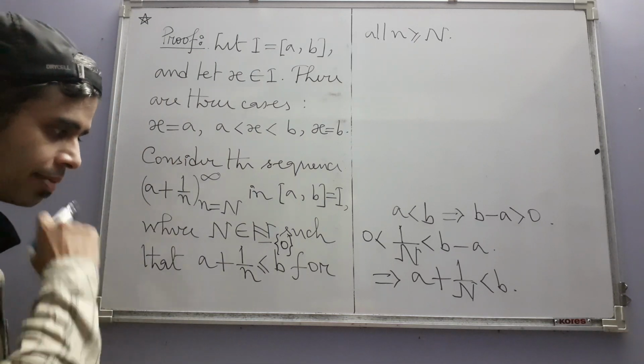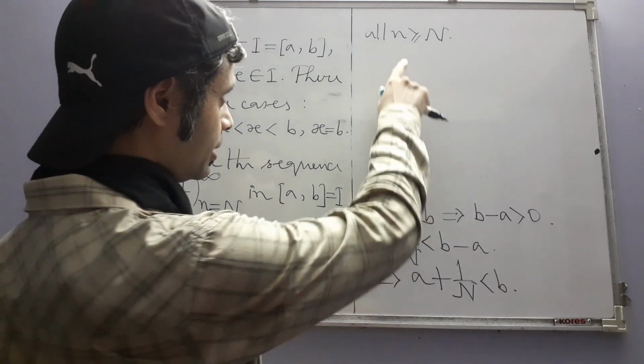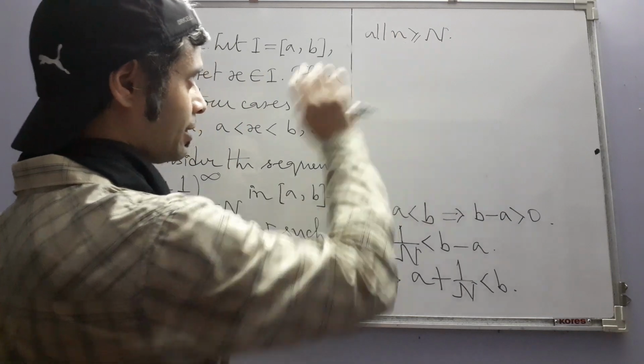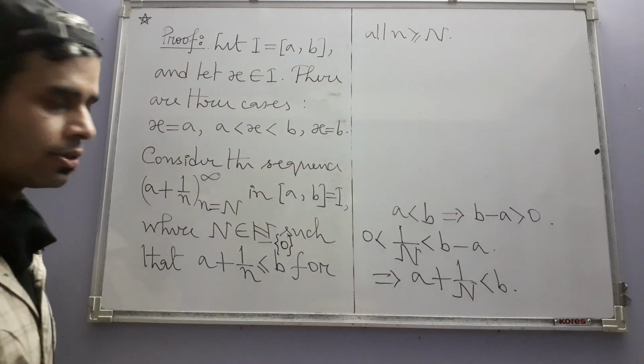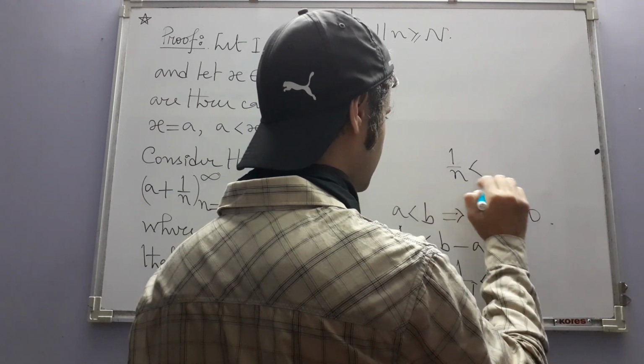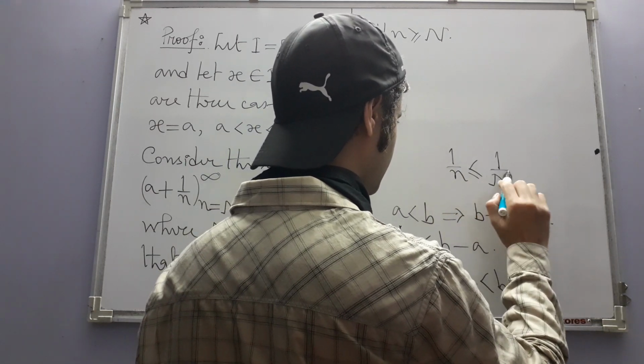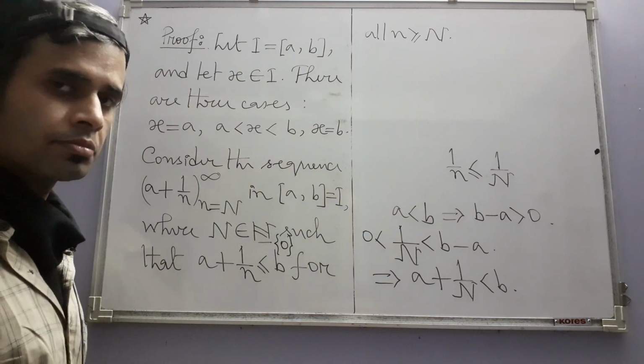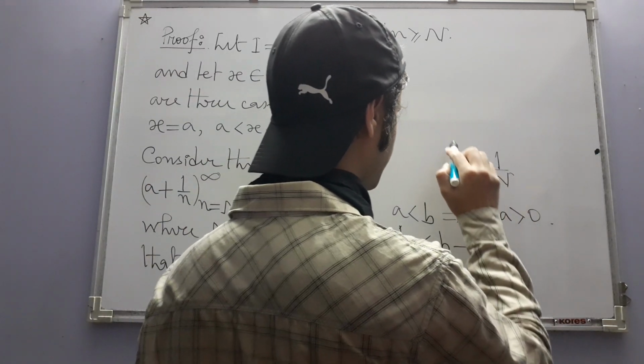But at the same time, if you are considering natural numbers small n greater than or equal to capital N, then 1 over n will be less than or equal to 1 over N naturally from properties of inequality.